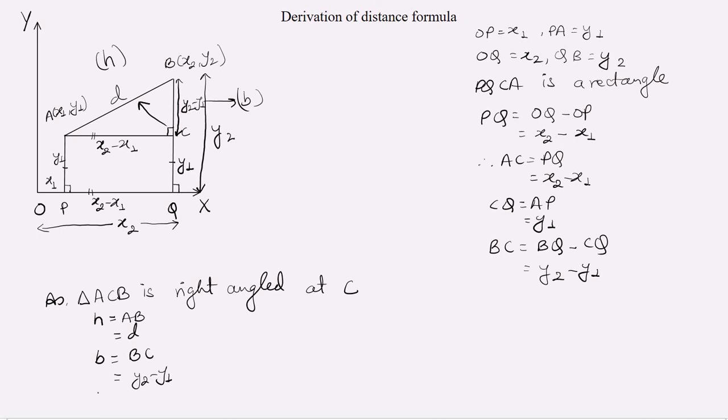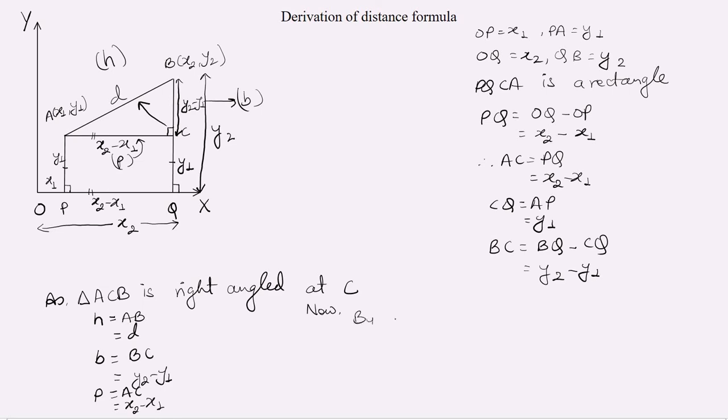Similarly, the remaining side will be the perpendicular. In a right angle triangle, the longest side, or side opposite to the right angle, is the hypotenuse. One side is the base, another side is the perpendicular. For the perpendicular, it is AC, and its measurement is x2 minus x1.